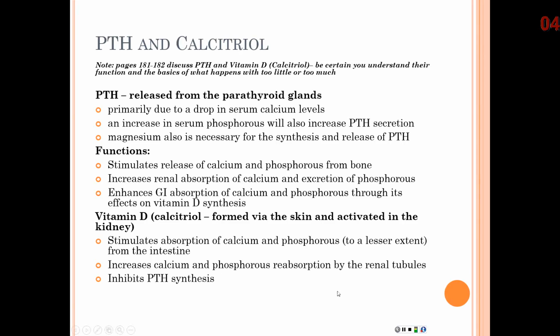And actually there is a negative feedback on PTH levels, so as the vitamin D starts increasing and therefore we start absorbing and keeping more calcium, we don't want to get to hypercalcemia, so calcitriol actually has that negative feedback on the PTH levels as well. Now, as calcium levels rise, it will also have that negative feedback, but calcitriol or vitamin D is another factor in regulating that control.